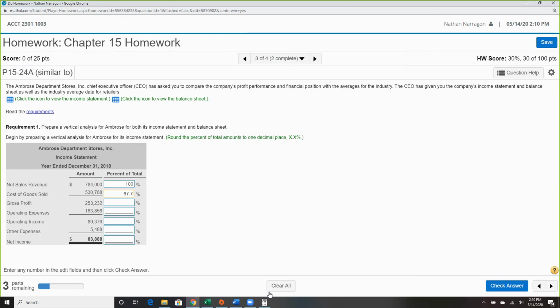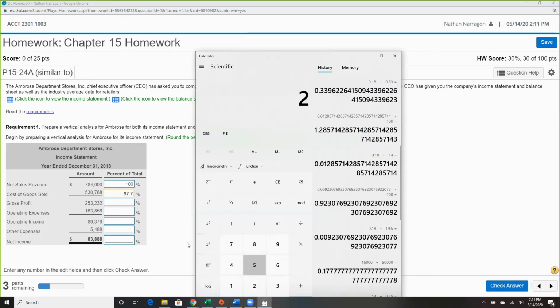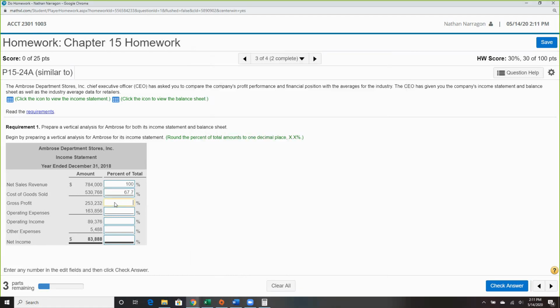And gross profit, 253.2, divided by our sales. So gross profit, we need about 32 cents per dollar. Or basically 32.3% if you're looking at percentage.